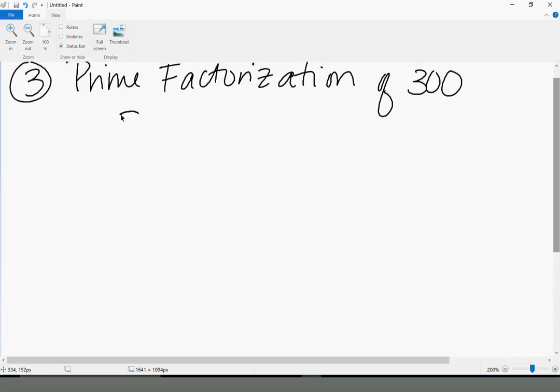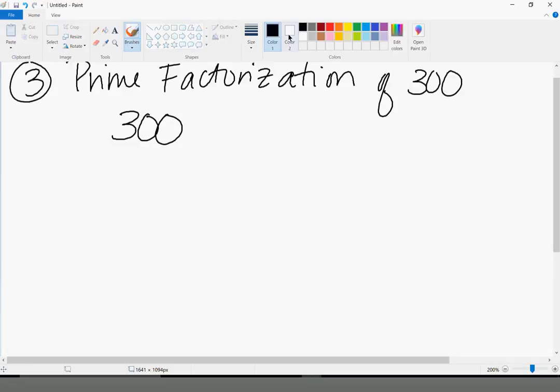I'm going to start by writing 300, and I want to think of two numbers that multiply together to give me 300. You can start off with any two numbers, as long as they actually multiply to give you that number. So I'm going to do 30 times 10, because 30 times 10 equals 300.